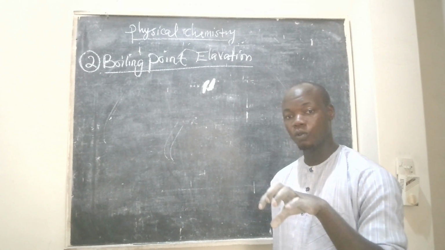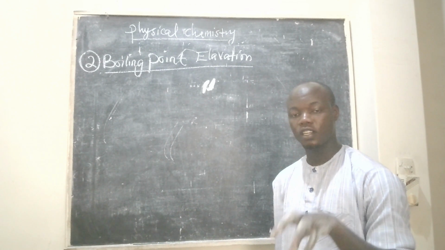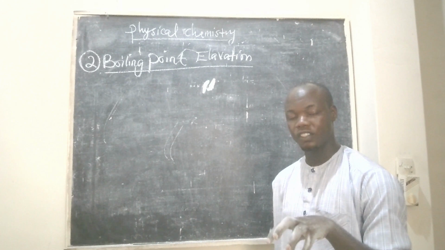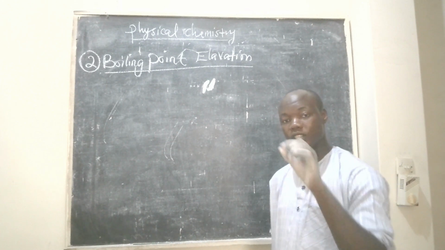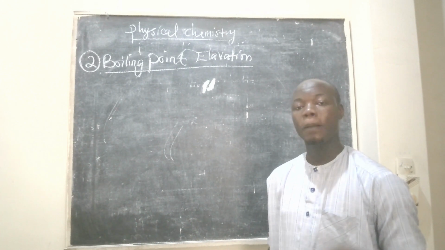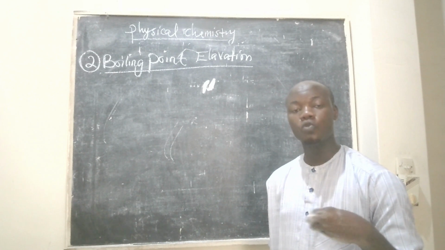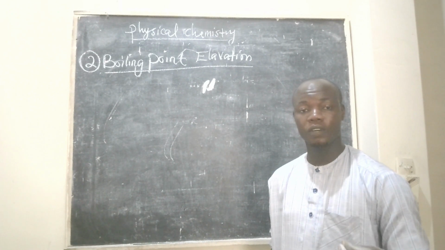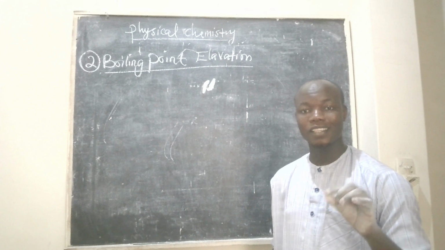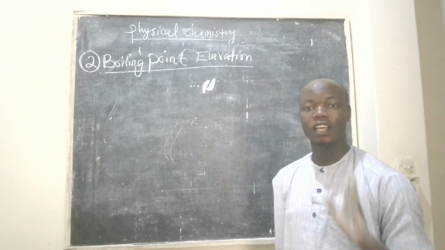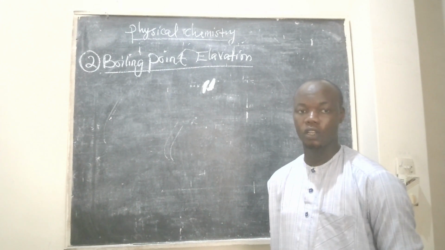an increase in the concentration of solid particles leads to a decrease in the vapor quality. But in this case, as you add solid particles into a solvent, it increases the boiling point of the solvent.